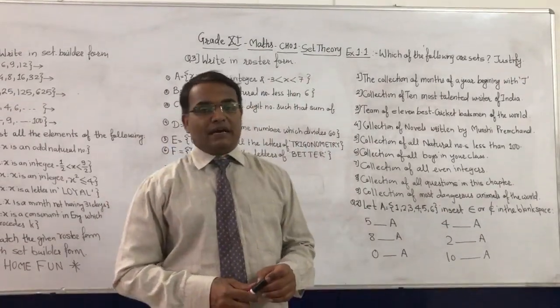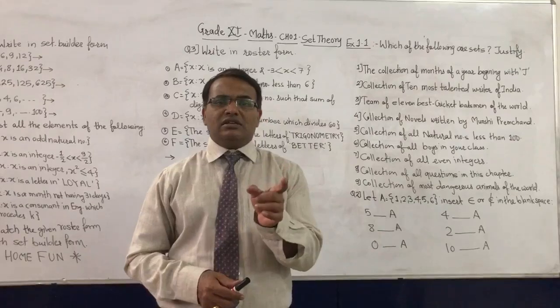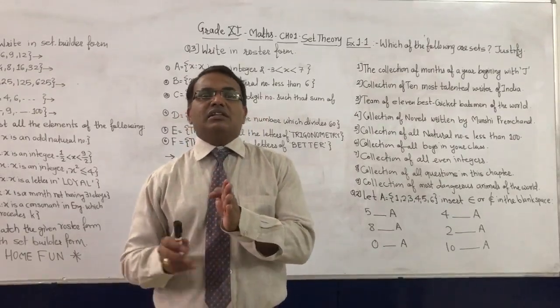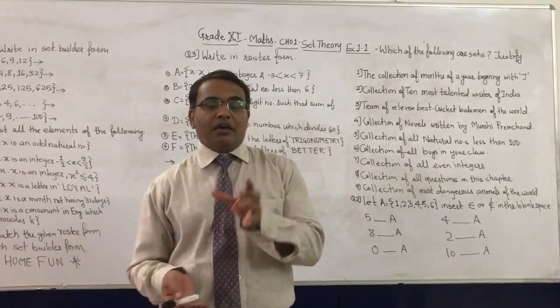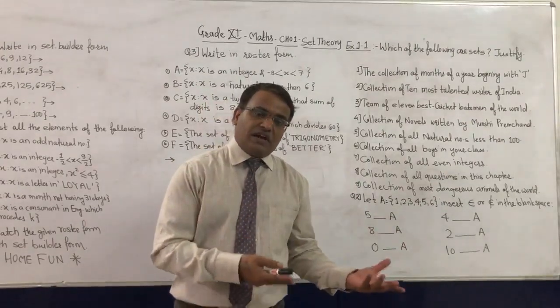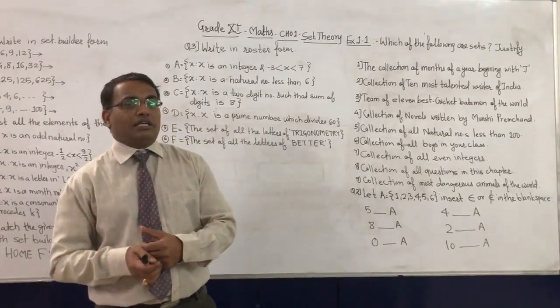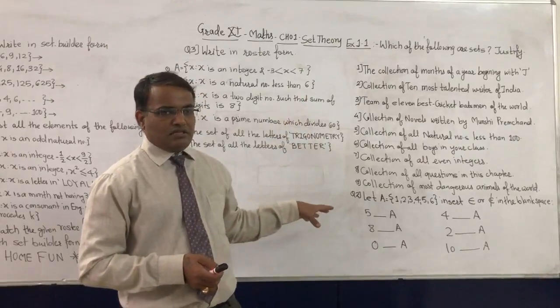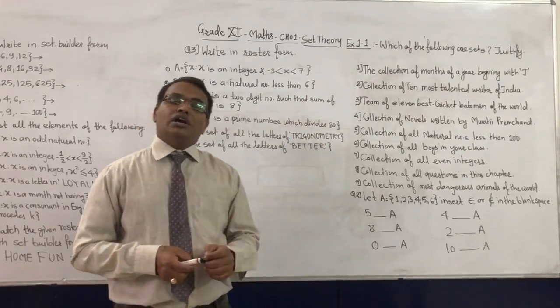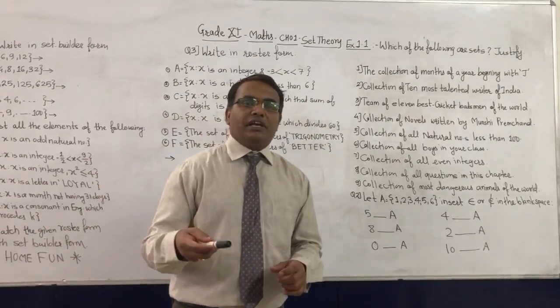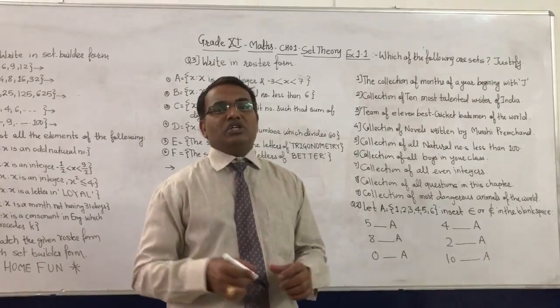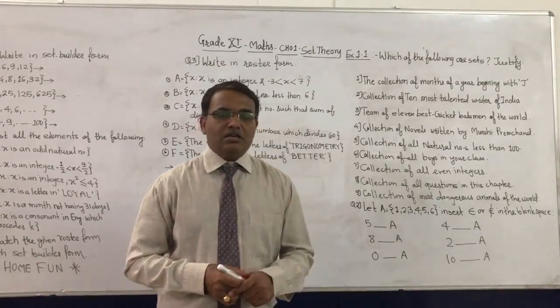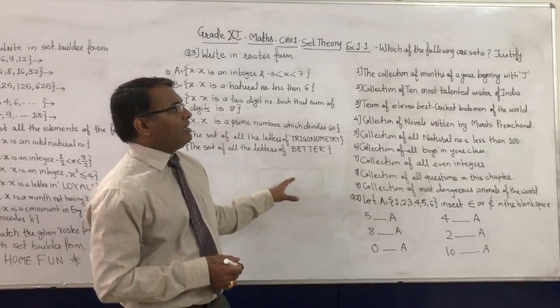Out of these 9 examples we have to identify whether it is a set. If yes, then we have to justify why. If no, then we have to justify why it is not. All these things you have to write in your notebook, so start preparing a notebook so that you can record everything properly. So let's go ahead with it.